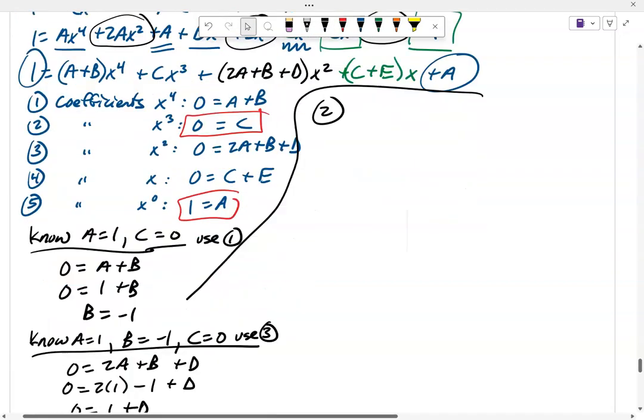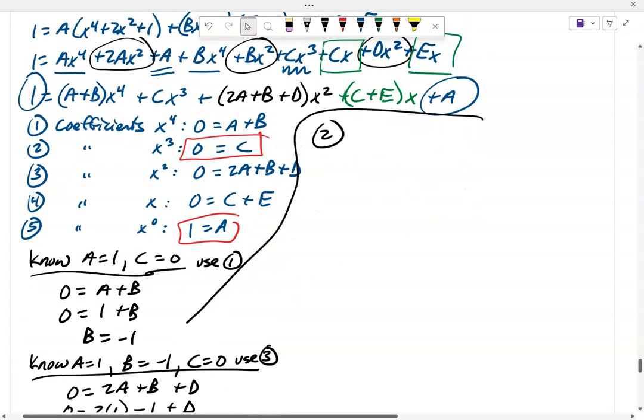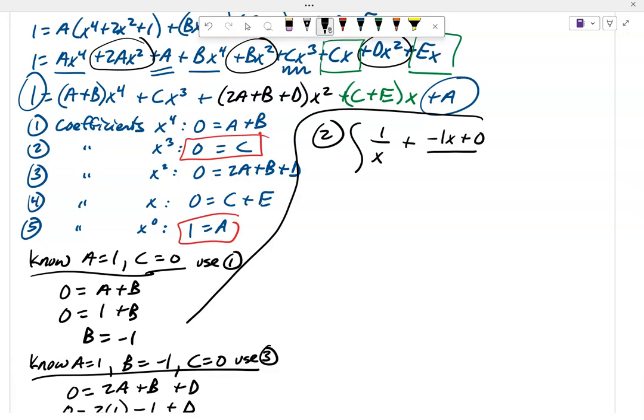A over x, or a was 1, over x, plus bx plus c. So I get -1x plus c over that x squared plus 1, plus dx plus e over x squared plus 1 squared.